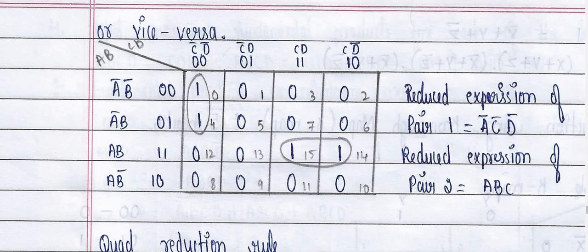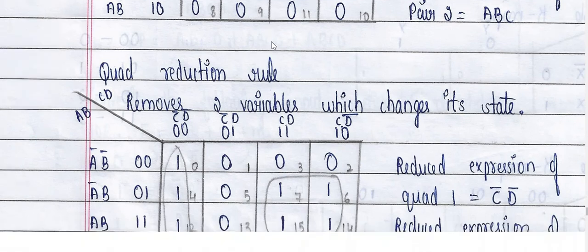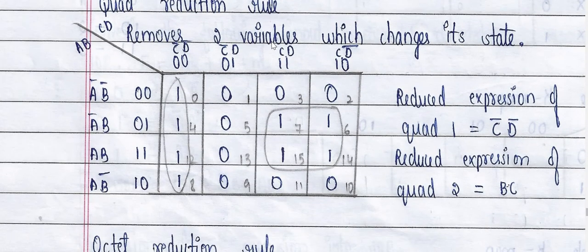Next is the quad reduction rule. In the quad reduction rule, we can remove two variables. In pair reduction, we can remove one variable. Using the quad reduction, we can remove two variables. We'll see how to remove the variables.